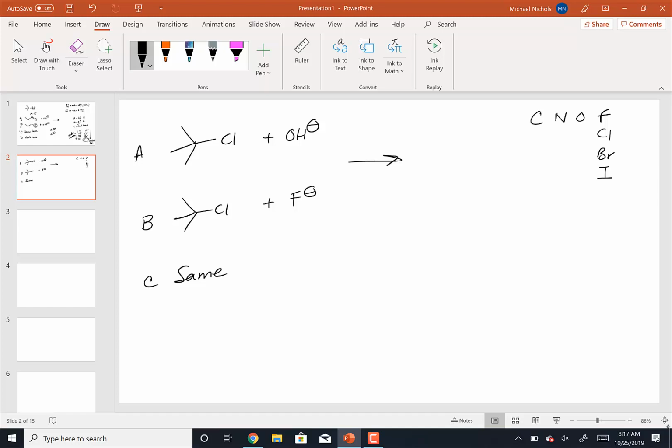Are we ready to vote? Do we have an answer to vote? Okay. So we are voting for which one is faster, A, B, or they occur at the same rate. Those are your choices.